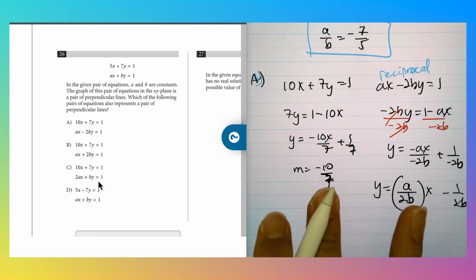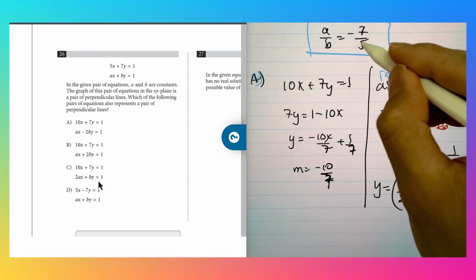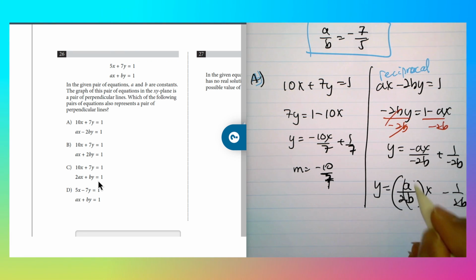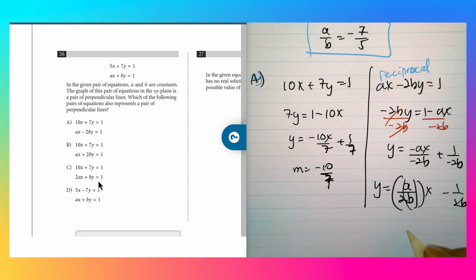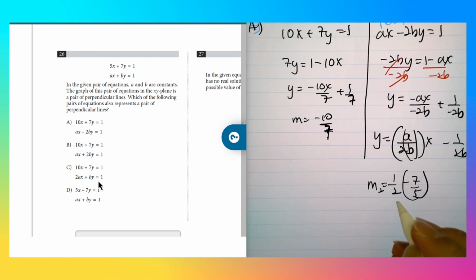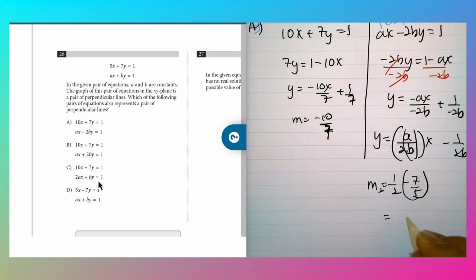Are they reciprocal to each other? Well, let's find out. When you plug in negative 7 over 5 where a over b is, you can replace negative 7 over 5 here, times 1/2. This is supposedly the perpendicular slope to the m on the left column. We're going to get negative 7 over 10.